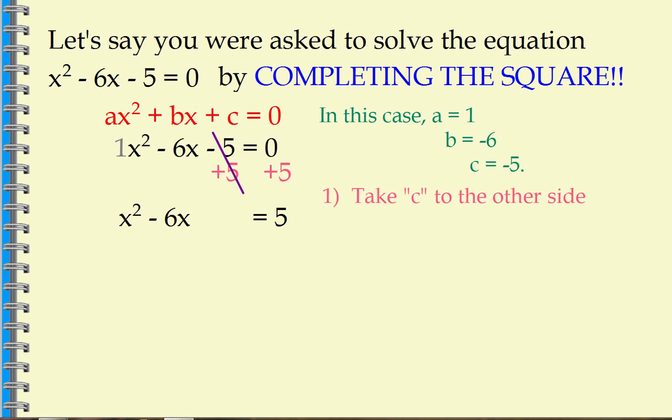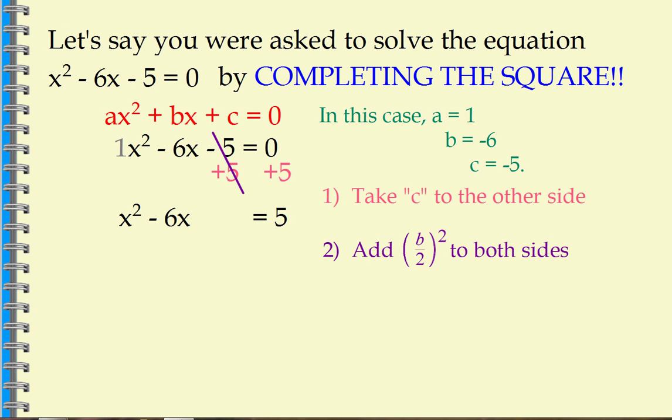Now in the next step, B is going to be all important. That -6 is what's going to help me complete the square. I'm going to add to both sides B divided by 2 and then square that number.